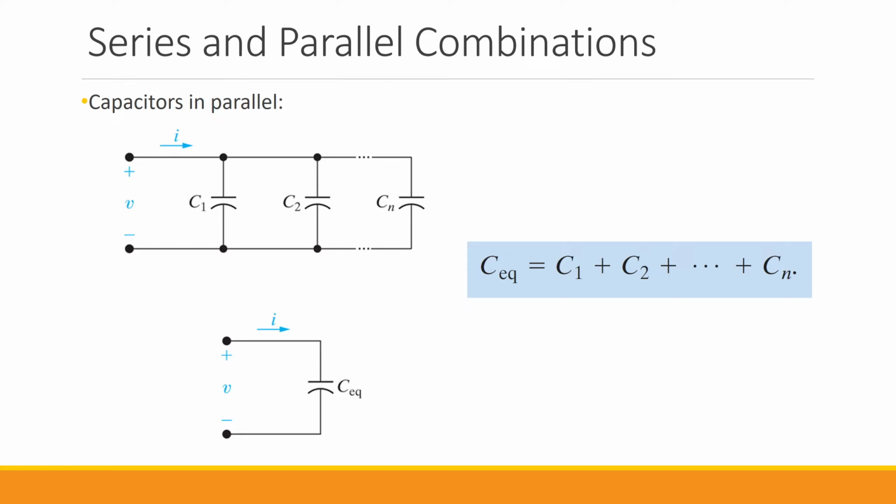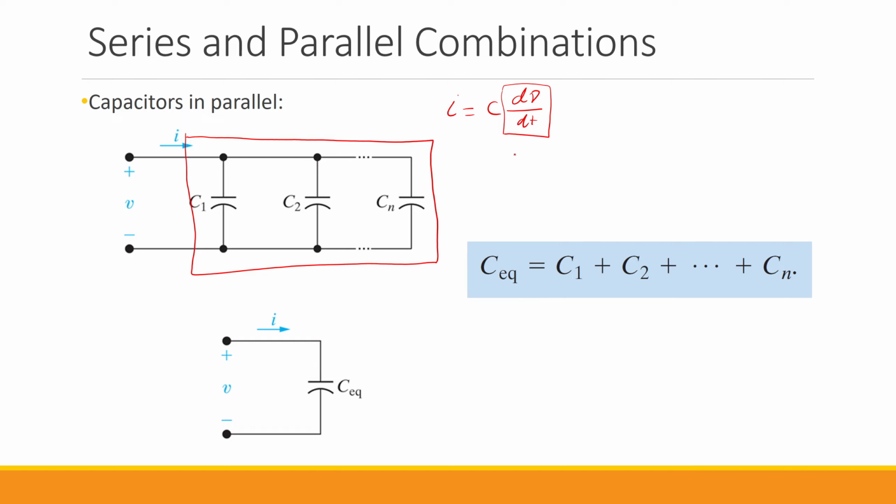And finally, when we have capacitors in parallel, if you want to write down the equation for this combination, we know that I for each of these capacitors equals C dV over dt. Since the voltage across all of these capacitors is the same, because all of them are connected in parallel, we only need to factor out the derivative of voltage with respect to time.